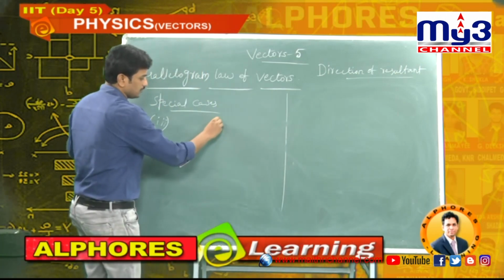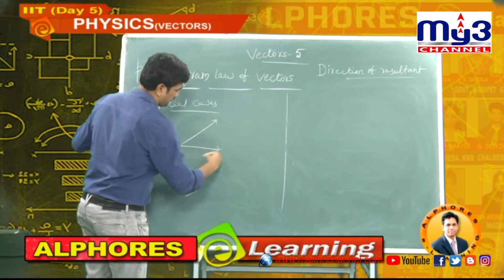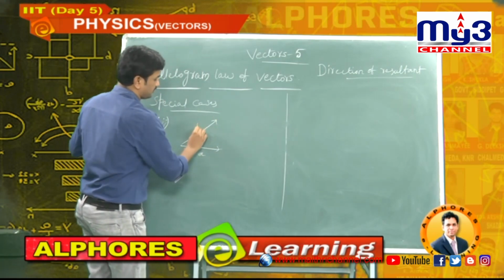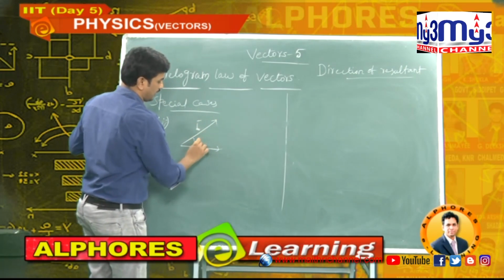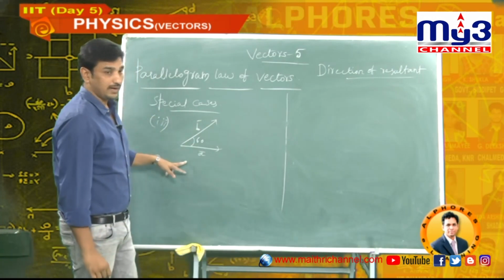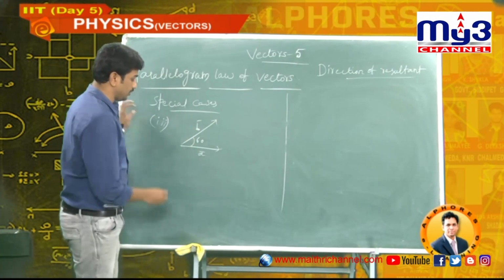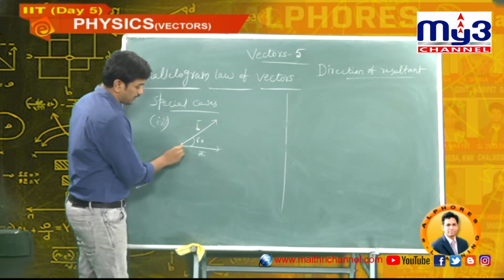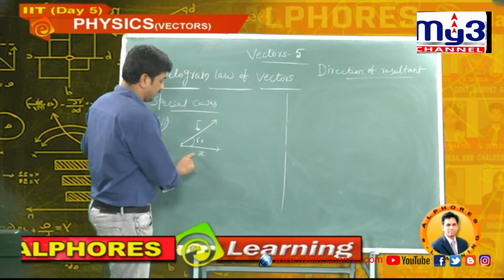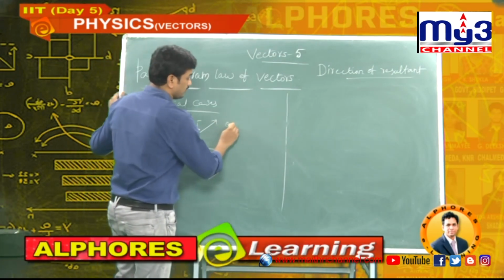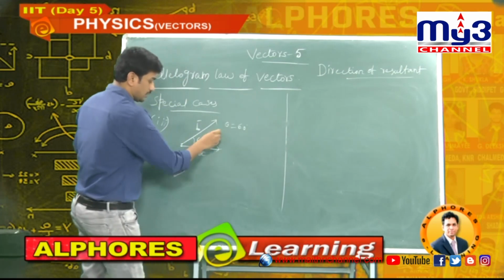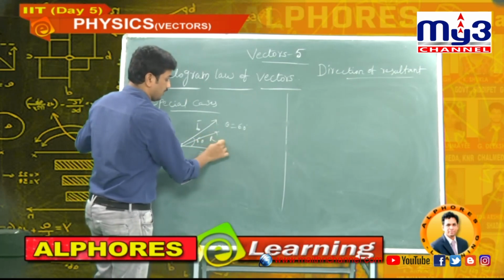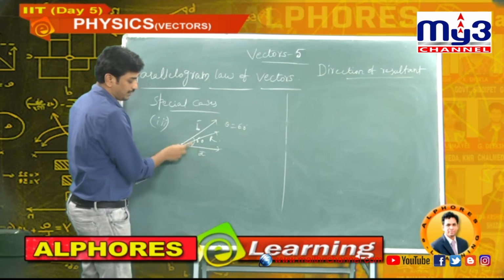Now, A bar, B bar, angle 60. If angle between A bar and B bar 60, because tail of B bar, tail of A bar, angle between two vectors 60, theta value 60. What is the resultant? Resultant always between two vectors.